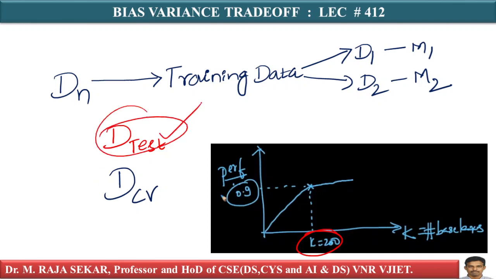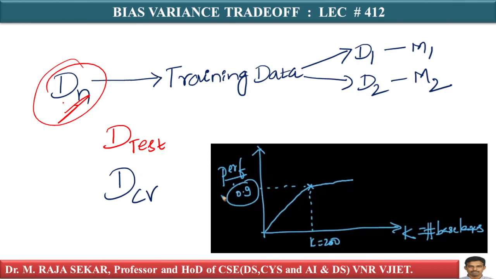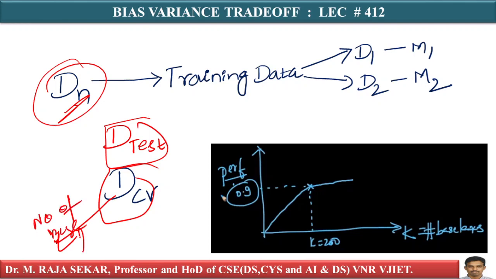Keep your D cross validation and D test aside. D cross validation is used to find the number of base learners, and you should have D test to report your model performance.